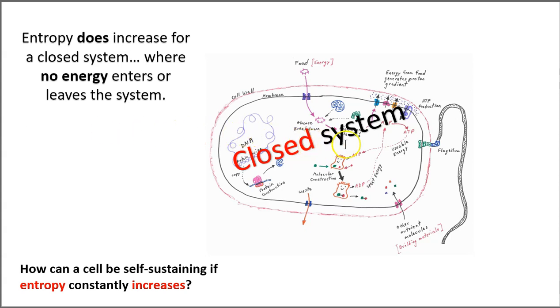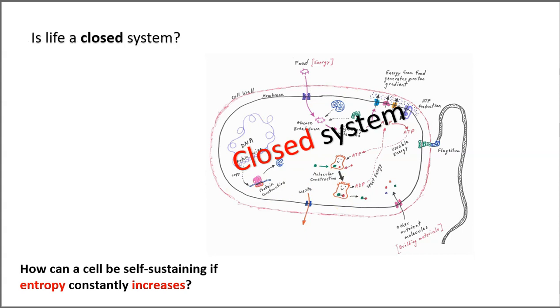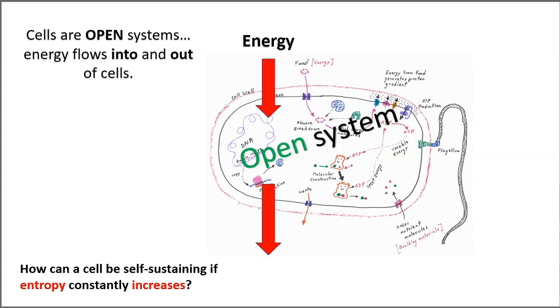Well, entropy does indeed increase for a closed system where no energy enters or leaves the system. The question was, are cells closed systems? And the answer for the biologist and the physicist is no, they are not. Cells are open systems where energy flows into and out of the cell.